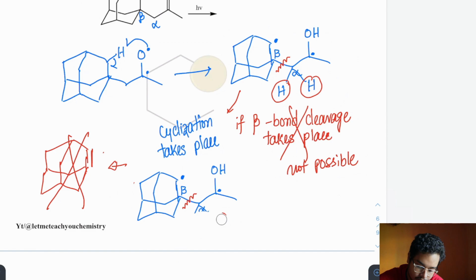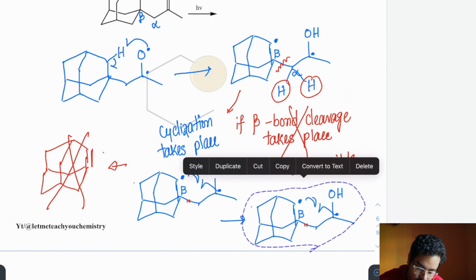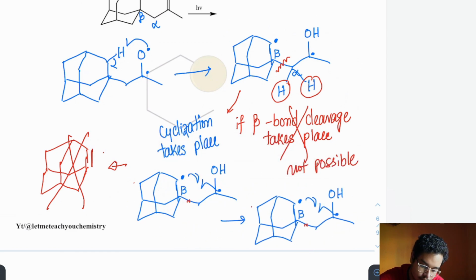Although it contains two hydrogen, still these two are combined to generate a cyclobutane ring here.